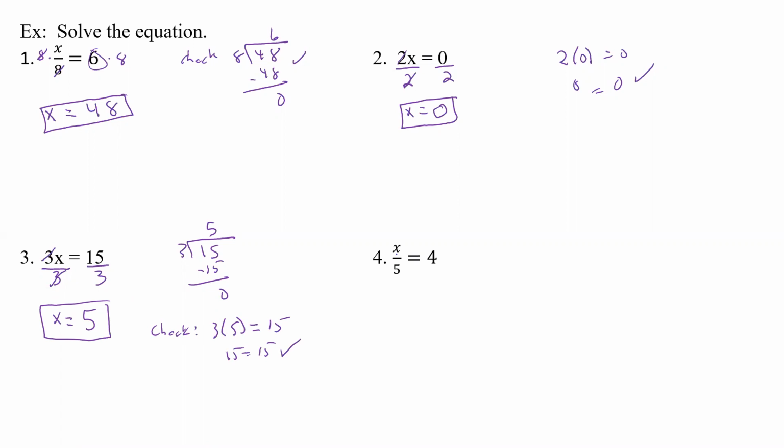All right, so the next one, we initially divided our x by 5. So if we divided x by 5 initially, to get rid of that divide, we have to multiply by 5. And if we multiply that by 5, we have to multiply the other side by 5 to get equivalent equations. So that 5 cancels that 5. We have x equals, well, 4 times 5, that's going to be 20.